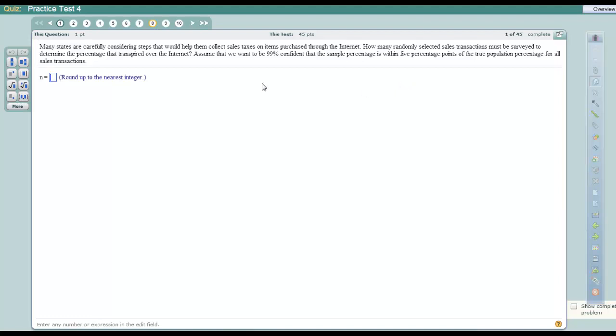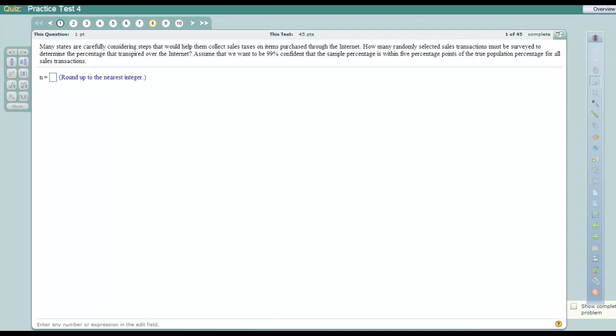Assume that we want to be 99% confident that the sample percentage is within 5 percentage points of the true population percentage for all sales transactions. So that's the same kind of problem. We got to determine the minimum sample size, and in this case we would let p hat and q hat be what? 0.5, because they don't tell us anything about it.